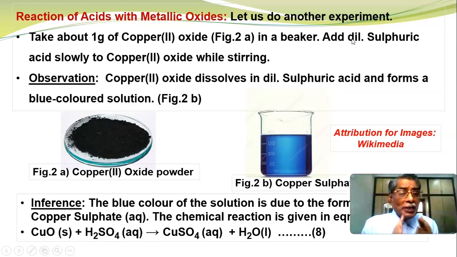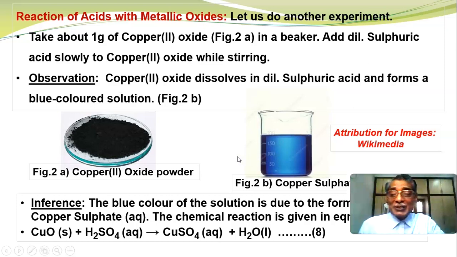Add dilute sulfuric acid slowly to copper(II) oxide while stirring simultaneously. What do you observe? This copper(II) oxide dissolves in dilute sulfuric acid and forms a blue colored solution as shown in this figure 2b.